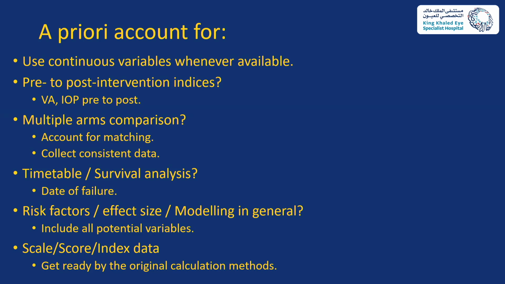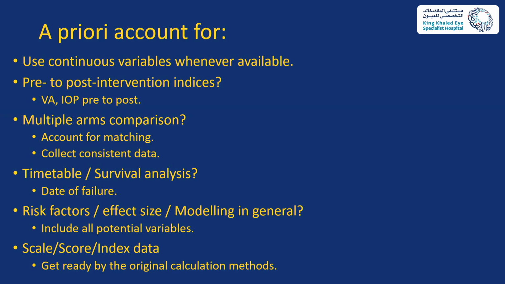Now, if you are comparing multiple arms, account for the matching, as we mentioned, so that all characteristics are the same except for the intervention, except for the disease of interest, and so on. If you go for time-table or survival analysis, make sure that you have the date of failure.